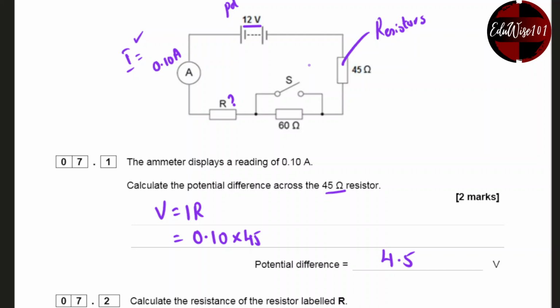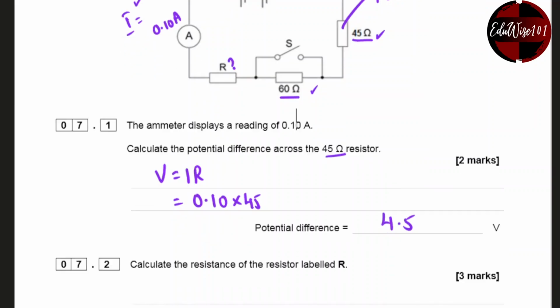If we find the total resistance in the circuit using the potential difference that is supplied and the current, I can find the total resistance in the circuit. And then I know the resistance here in this resistor and this resistor, and then take away these two values from the total resistance, and I will actually get the value of R.